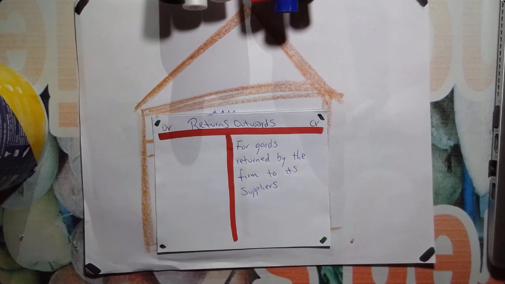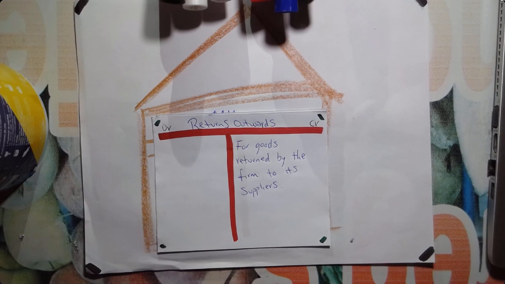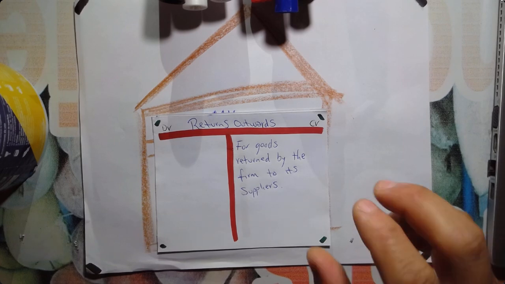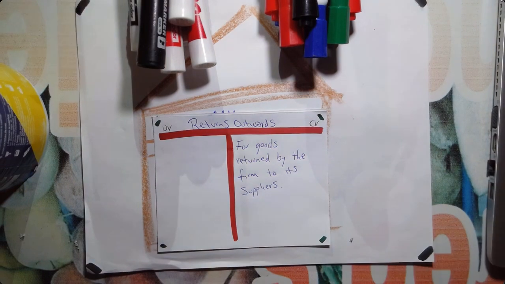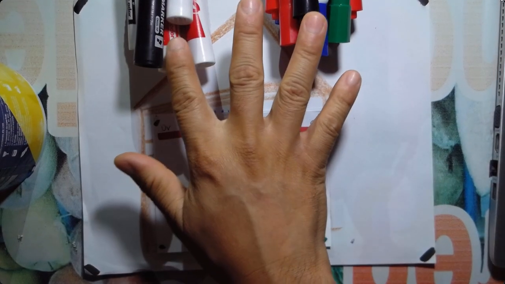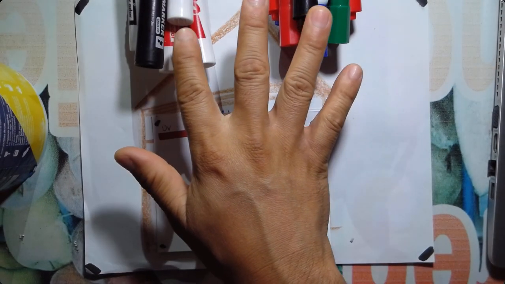Not because I am selling it, but because I am returning it, because it's something I did not order. And because I have less inventory once I return this, I have less on my shelves available to resell, right?